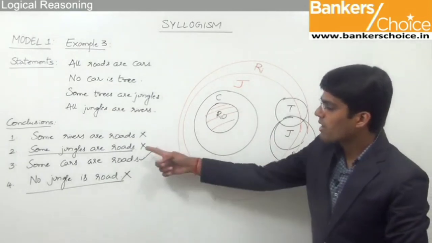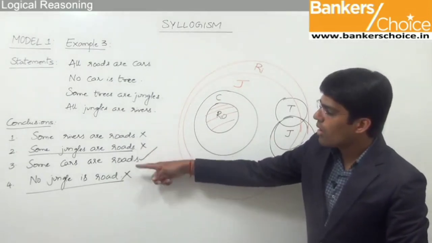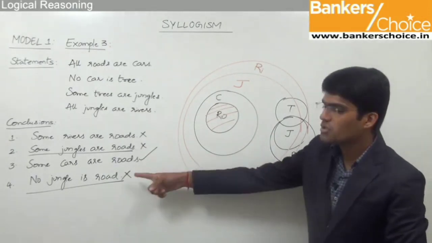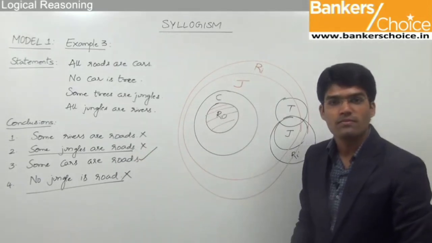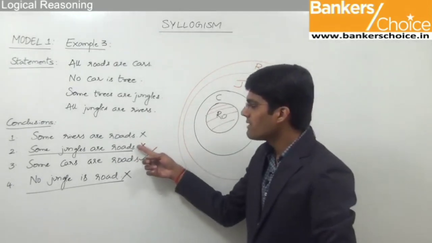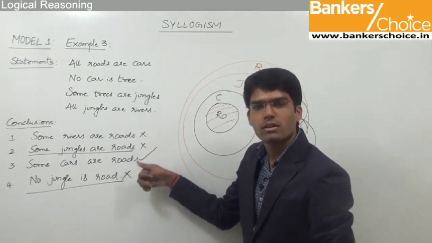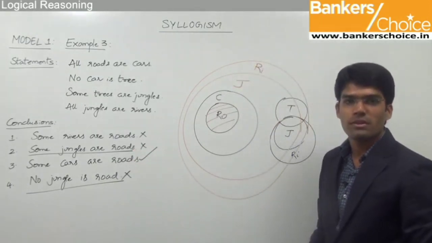So here this complementary pair is like either conclusion number 2 or conclusion number 4 has to be true, because if we go by the basic diagram, conclusion 4 is true. If we go by the second diagram, conclusion number 2 is true. So here the complementary pair, some jungles are roads and no jungle is a road, is true in one or the other diagram. So we can say that either conclusion 2 or conclusion 4 should be true.